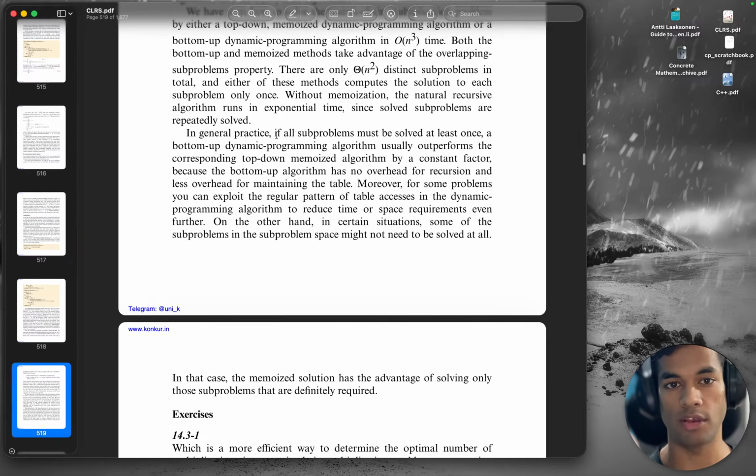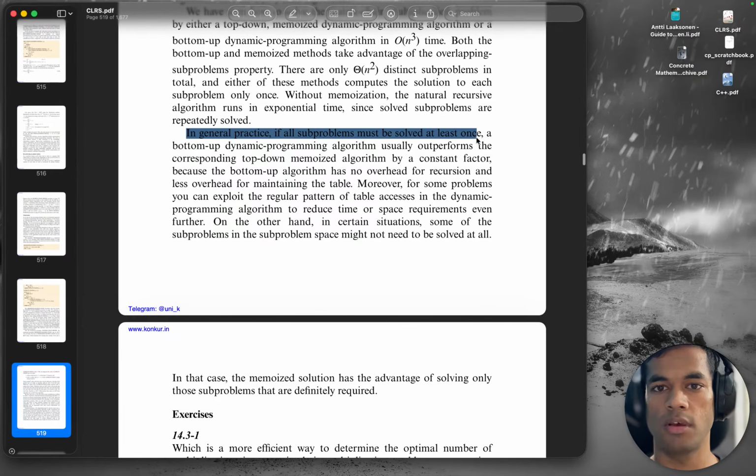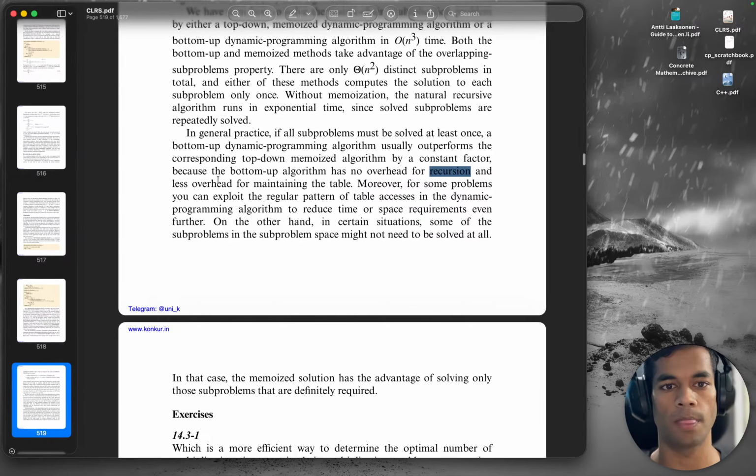In general practice, if all subproblems must be solved at least once, a bottom-up dynamic programming approach usually outperforms the corresponding top-down memoized algorithm by a constant factor because the bottom-up algorithm has no overhead for recursion and less overhead for maintaining the table. Yes, because we are directly accessing entries in the table and we are not doing a function call to get some answer.